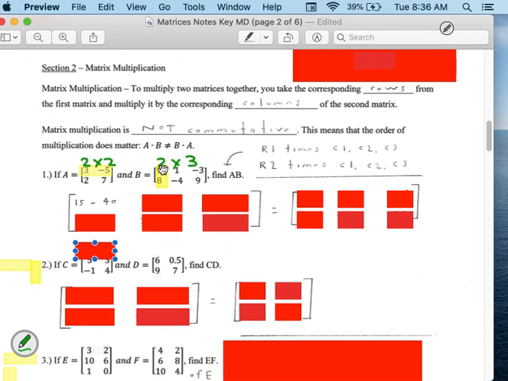Where did 15 come from, and where did negative 40 come from? You don't have to do this on every example. You take 3 times 5 plus negative 5 times 8. That's 15 minus 40, or plus a negative 40.